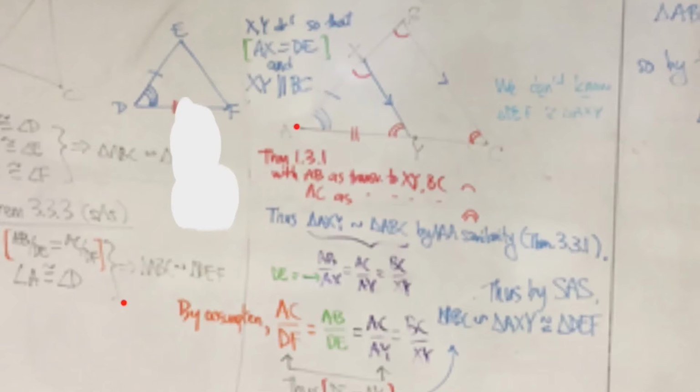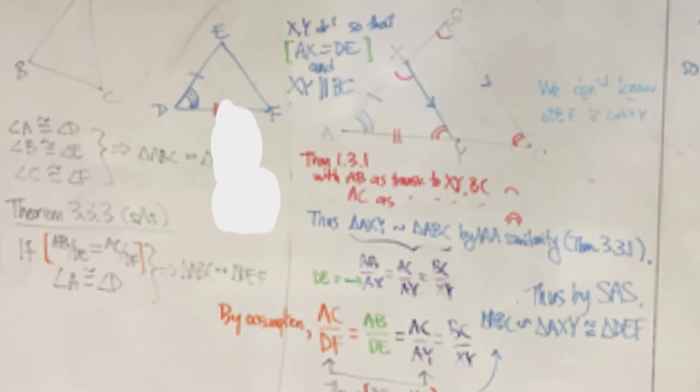But where else have we seen AB over DE? We saw it in the original hypotheses of our theorem. That was one of the ratios which we know is equal to the other ratio of sides in our SAS. And so by assumption, AB over DE is equal to AC over DF. And so now we have four equalities that we can play with.